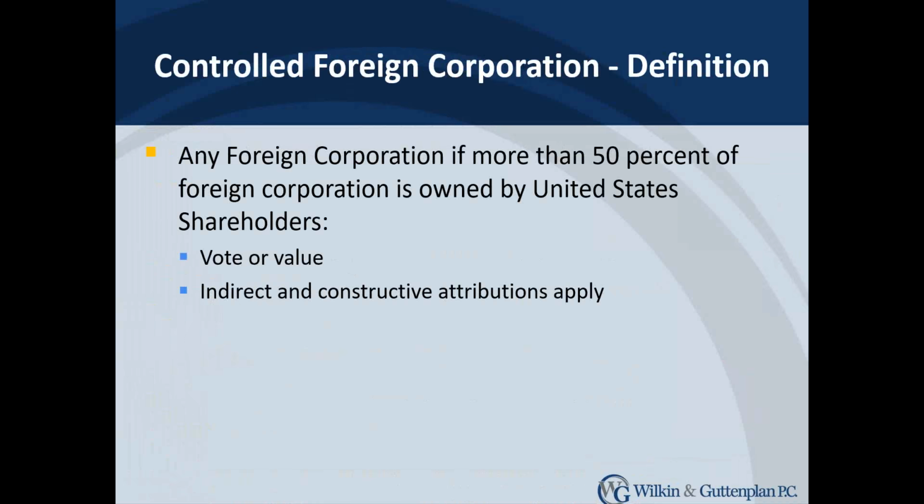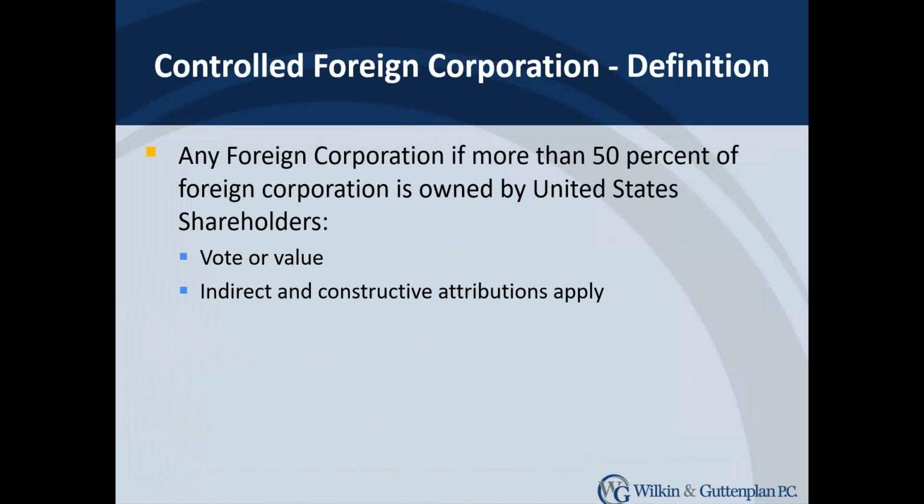But who controls it is the question, and as you may guess, in order to be an important factor in U.S. taxation, it would have to be controlled by a U.S. person. So by definition, in simplified terms, a controlled foreign corporation is any foreign corporation if more than 50% of the foreign corporation is owned by United States persons or shareholders by vote or value.